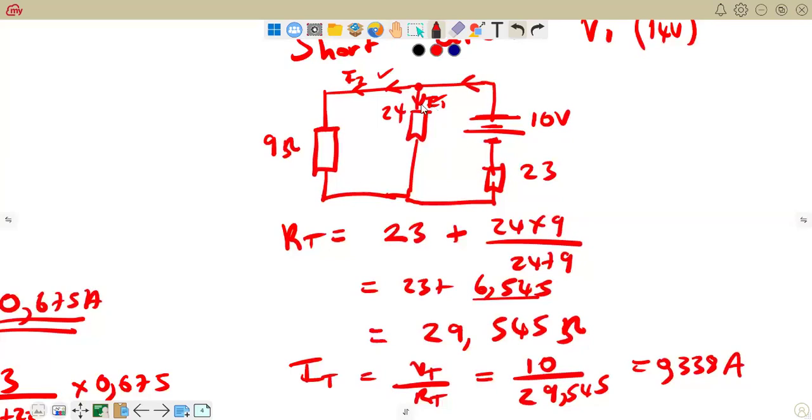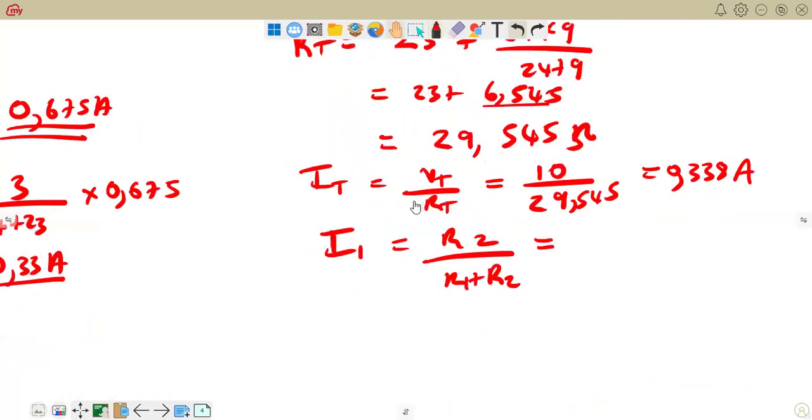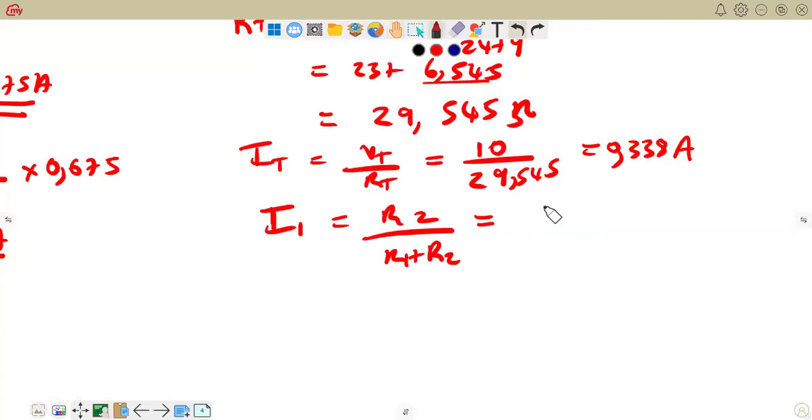So I1 is going to be equal to R2, marking this one as my R2, over R1 plus R2, the sum of the two, multiplied by the total current, which in this case, my IT is the current being supplied by the 20 volts source.